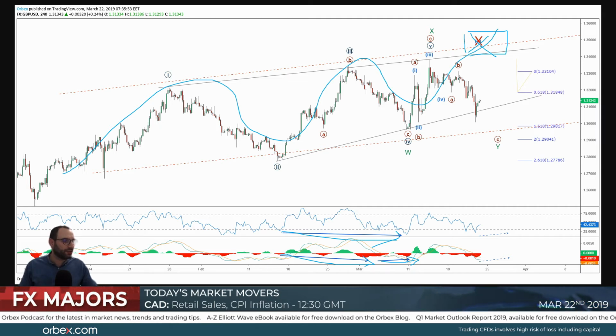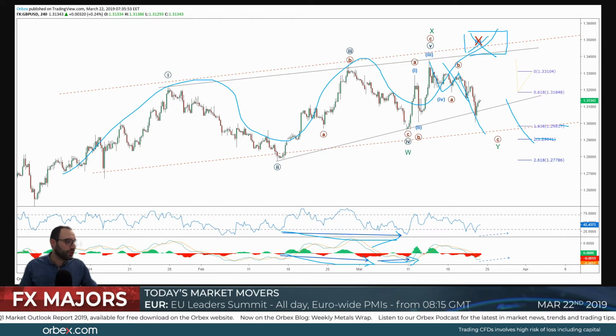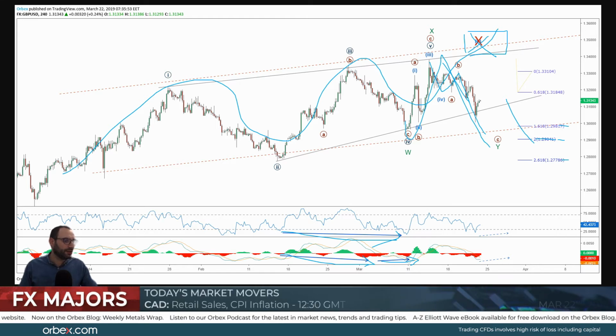And from here, we could see an ABC correction, which is like a double wave to the downside. And according to the extensions, we could even go to 130 or even lower to 129, maybe 128 for a double WXY pattern to be completed.